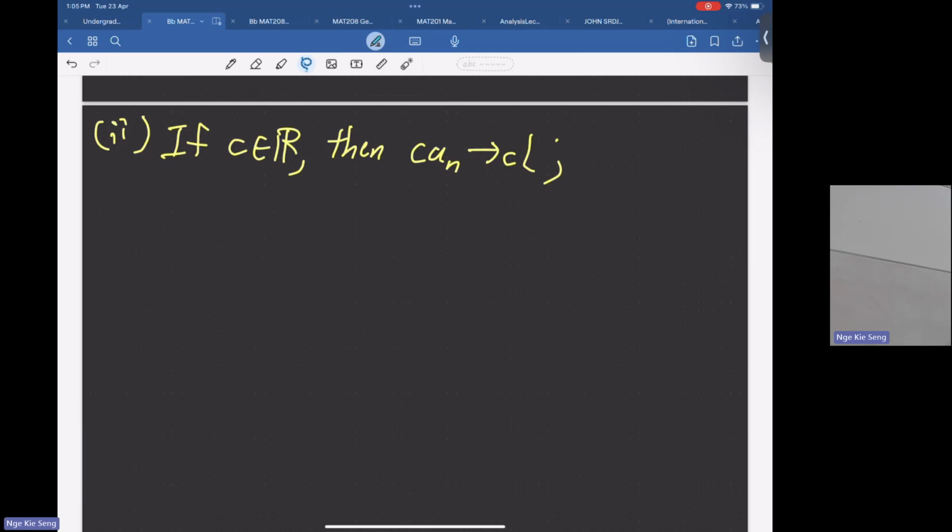Okay, try and look back at what the project is about. For example, the second one: how to prove this? What's the statement you want to produce?